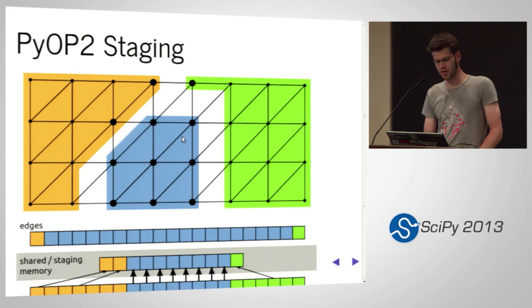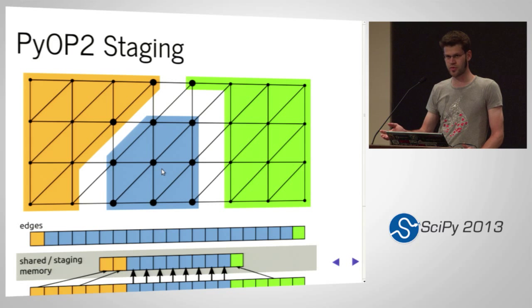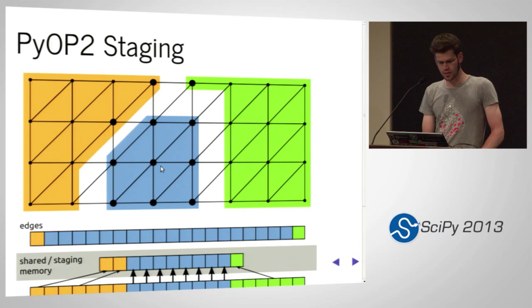So you need to pull in the data at the nodes, but you run your computation over the edges. PyOP2 schedules that parallel computation over all the edges in the mesh, and it does this partitioning, and it stages, so it loads the data at the vertices.